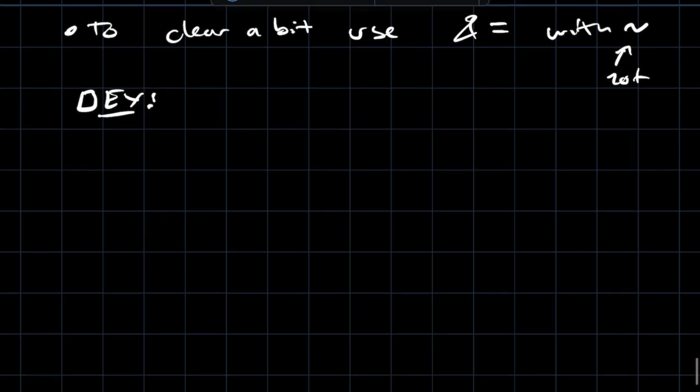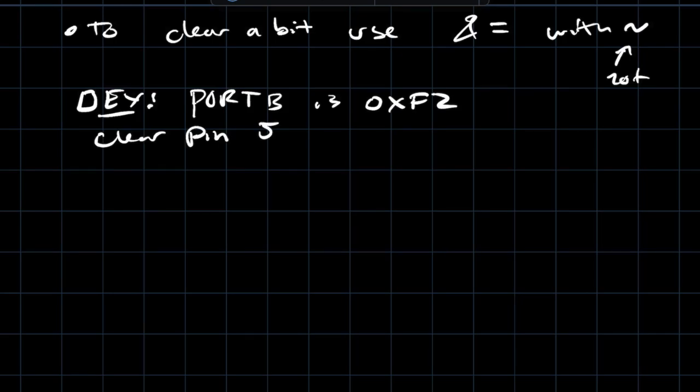Easiest way to see this is through a very quick example. PORTB again is starting at F2. Clear pin 5, or bit 5. What is PORTB now?